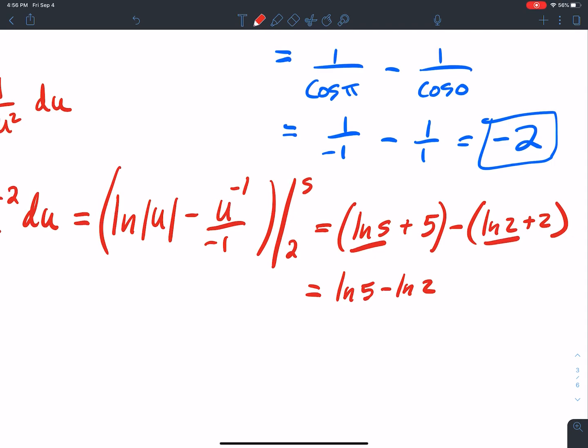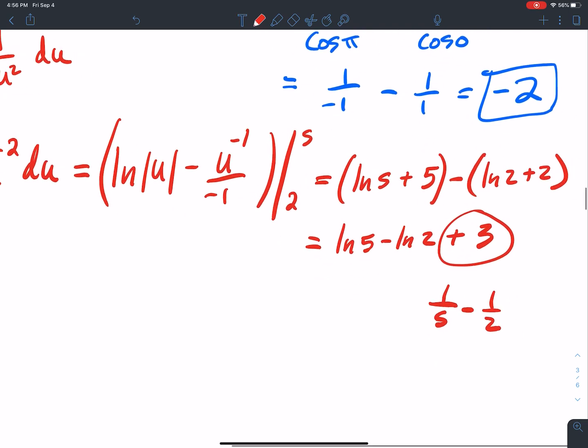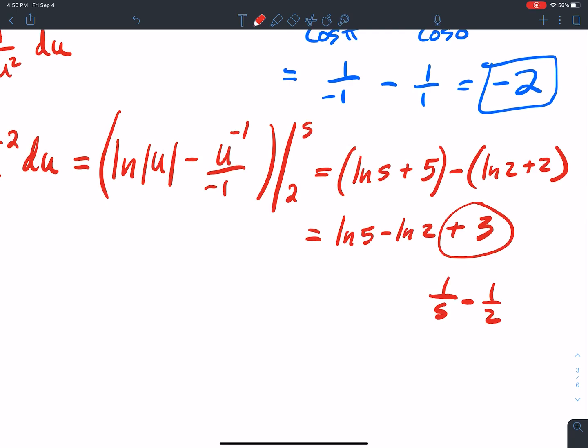But then I need to collect like terms with the 5 and the 2, and that's where I get 5, and then minus 2 gets me the 3 here. But we know that that's not the correct answer. The correct answer is 1/5 minus 1/2, right? And so, oh gosh, common denominator. So that means I'm going to have to do 2 over 10 minus 5 over 10.